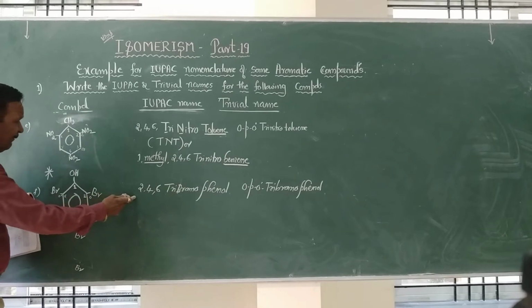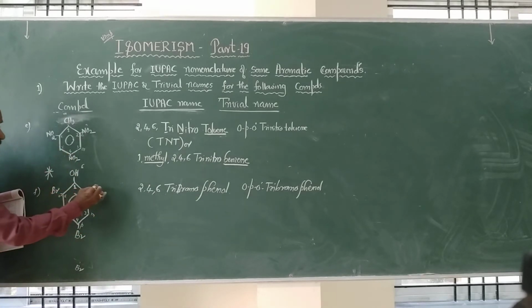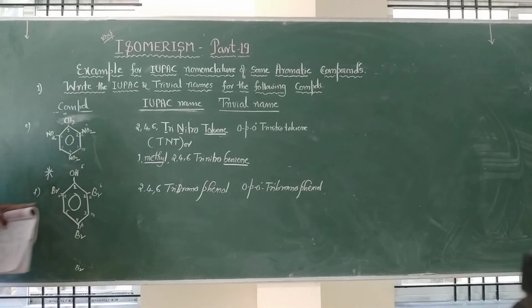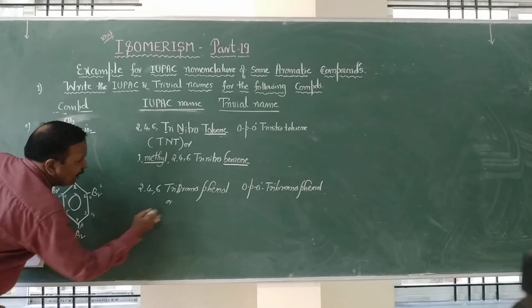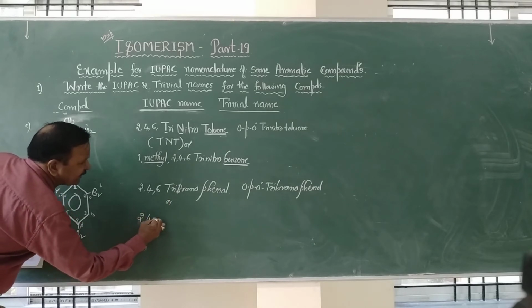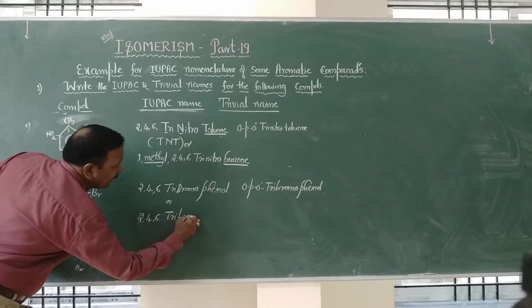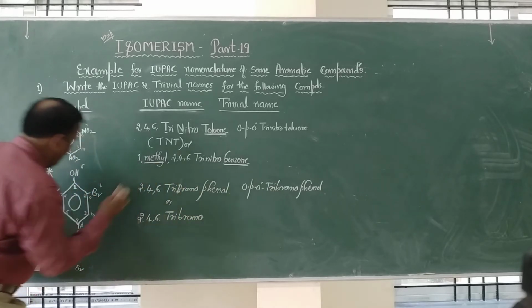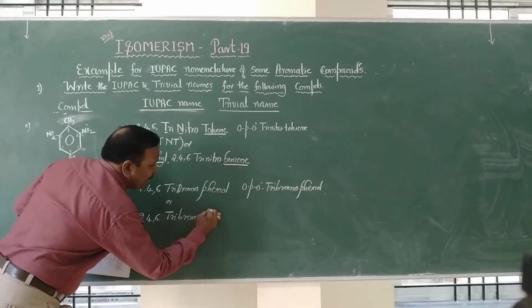And similarly here, this is hydroxy, H comes, Br, B comes. So first B will come, and hence its name will be 2,4,6 tribromo as usual, tribromo. Okay, phenol can be broken into 1 hydroxy.